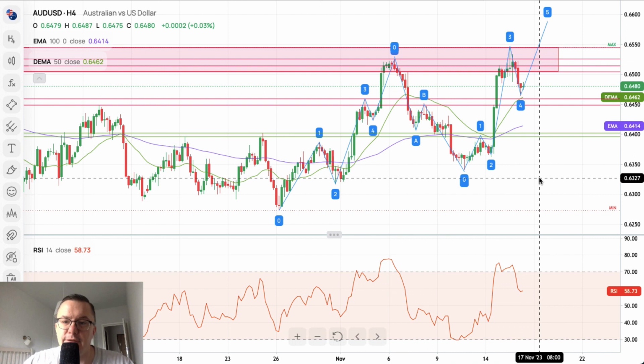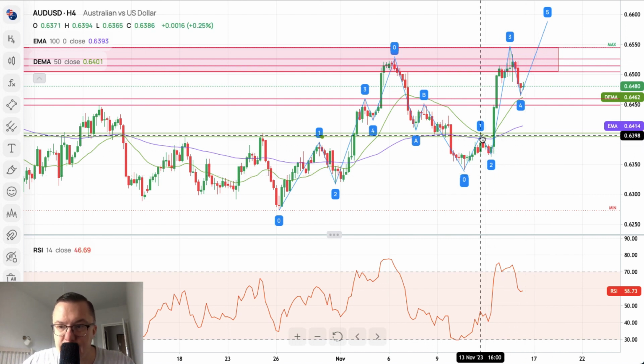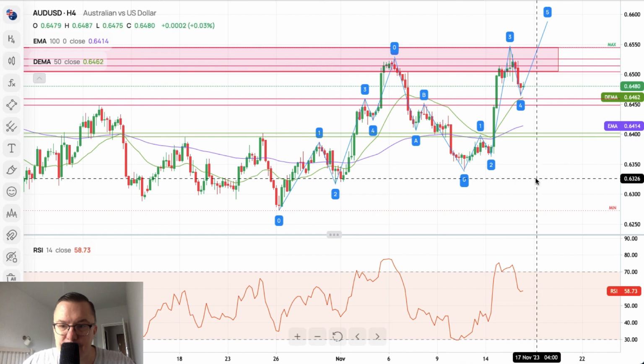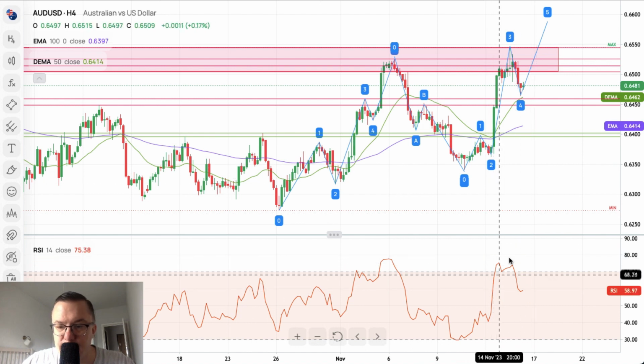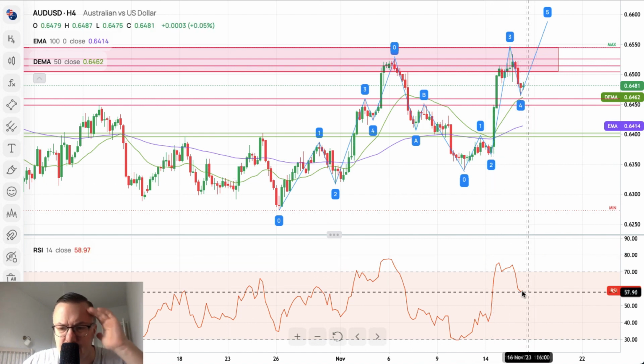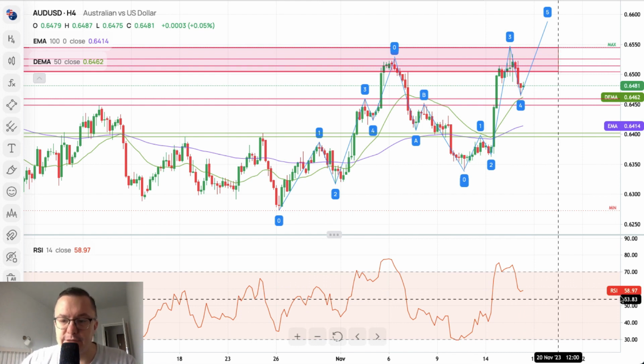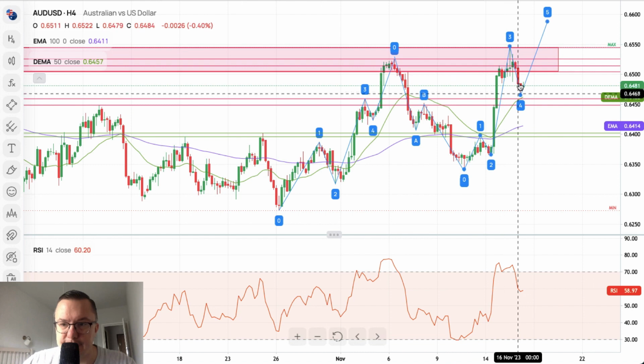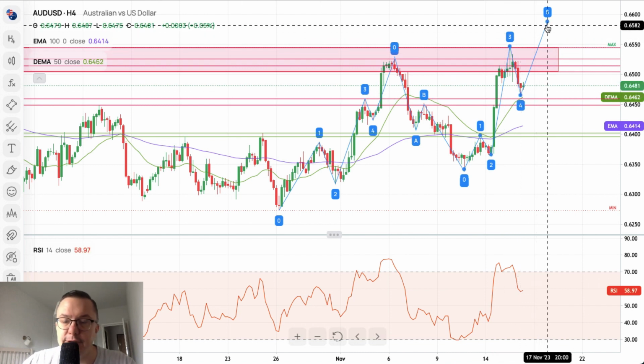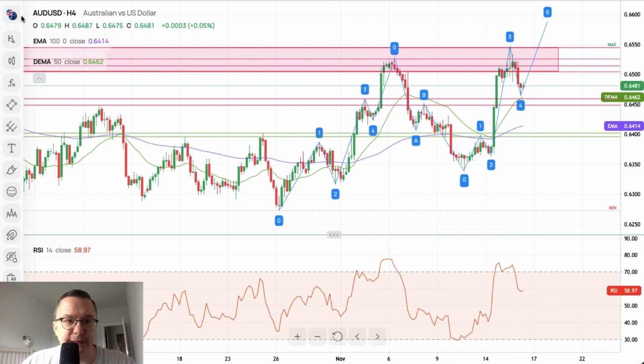Nevertheless, let me just leave it here like it is. As long as there is no breakout below 6,400 pips, the outlook remains bullish for the Australian dollar. Right now it's coming off the extremely overbought conditions, okay, but the momentum is still strong, 58 points, and momentum is still positive. So after the pullback is completed in wave 4, upside is expected again.